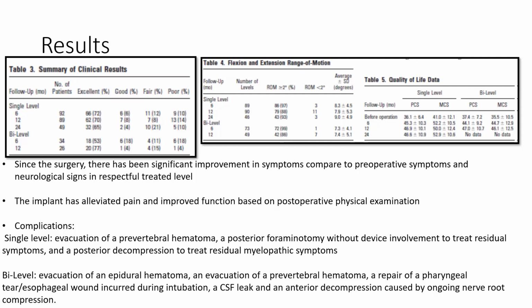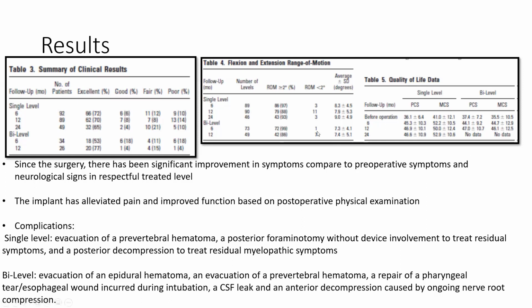So the results we're looking at are just their reported outcomes for the single level and the bi-level. That includes the radiographic results, the position of the device, range of motion, and then quality of life using questionnaires, the SF-36 health survey, and so on and so forth.